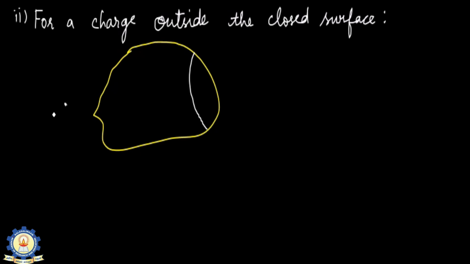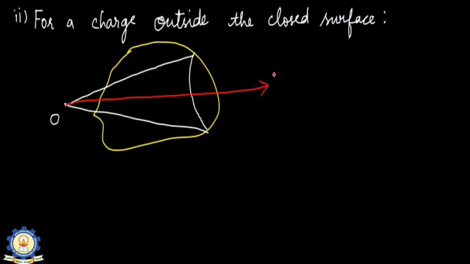At the same time, I am considering a surface inside the surface also. We get an elementary cone from O with small solid angle d omega.